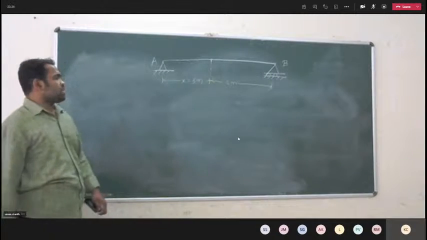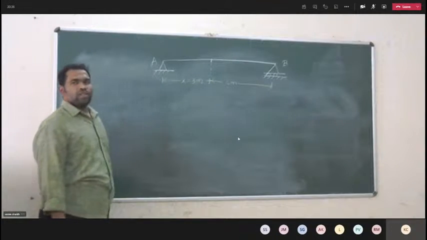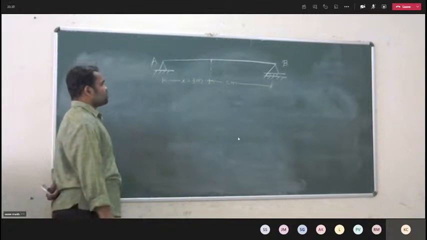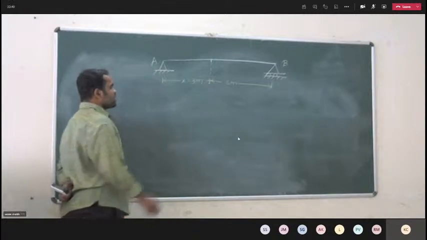Span is 8 meters, X is given at a distance of 3 meters, so the remaining L minus X is 5 meters.